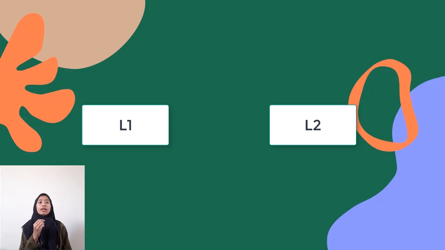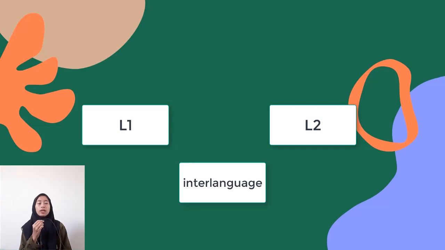Students actually have their native language, which is called an L1. And when they learn a second language, it is called an L2 or second language. Interlanguage says that when students are learning language, they are set in between. Their language is not like the L1, nor does it mirror the L2.